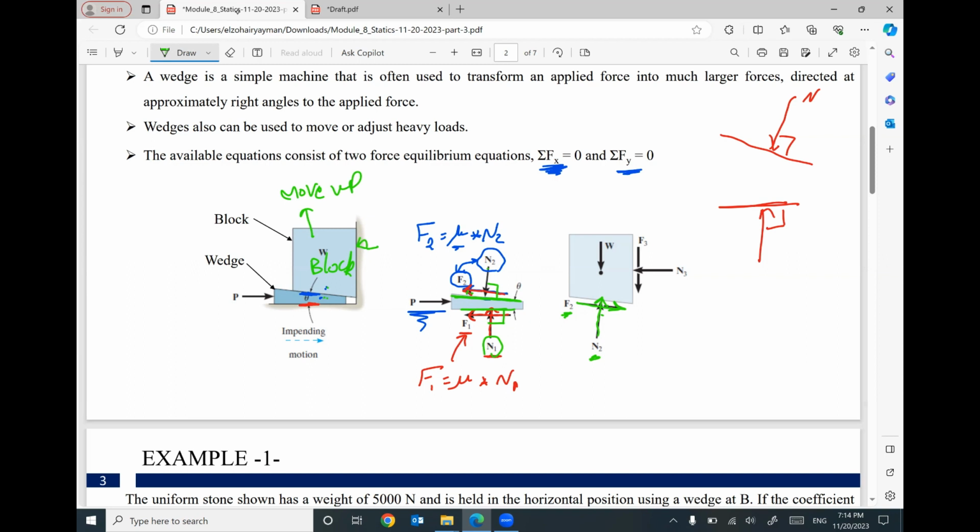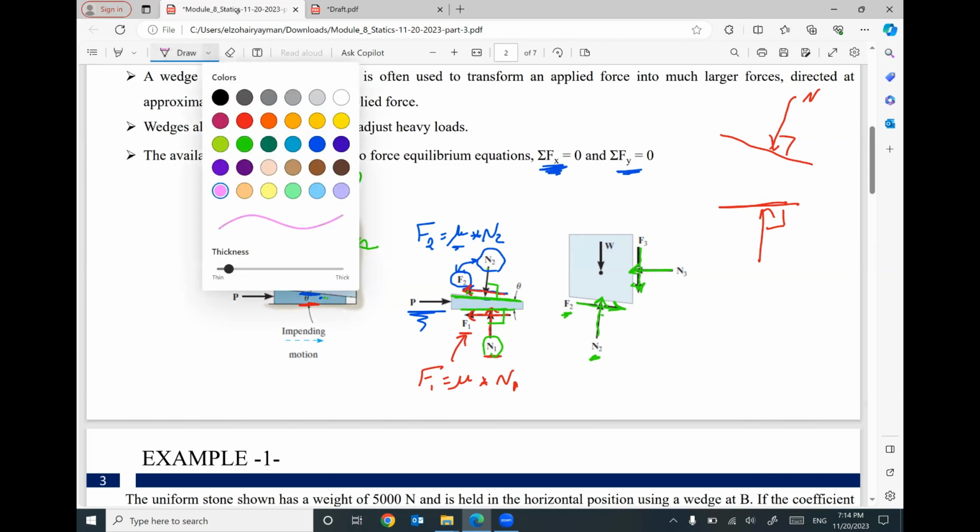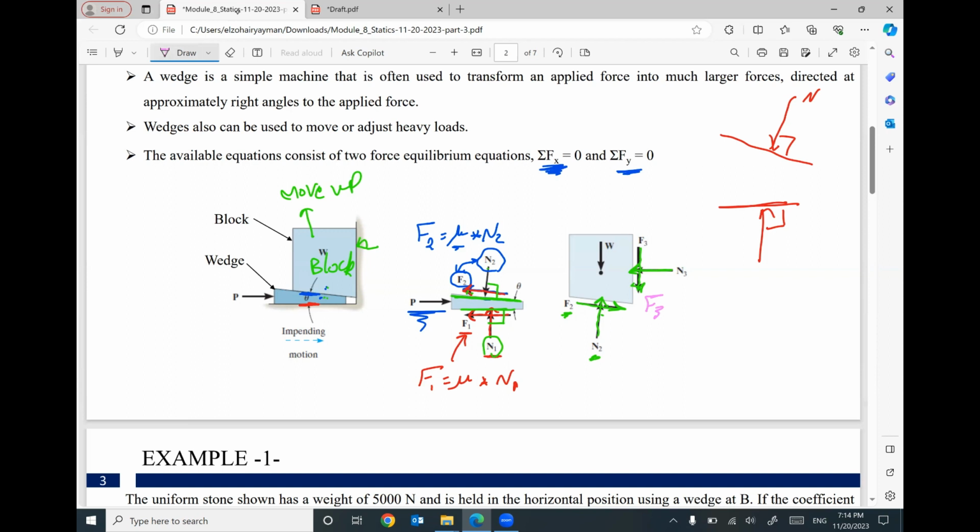This friction will be in the opposite direction to the direction of movement. The block is moving up, so the friction will be down. And we have a perpendicular force to the surface of contact. This friction force F3 will equal mu times capital N3. Any friction will equal mu times the perpendicular force at this surface, capital N.